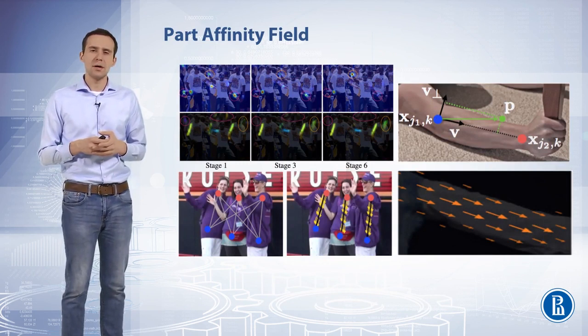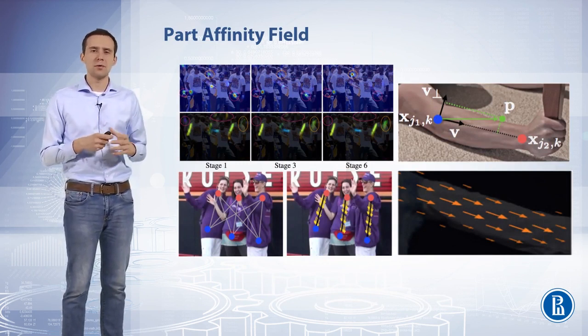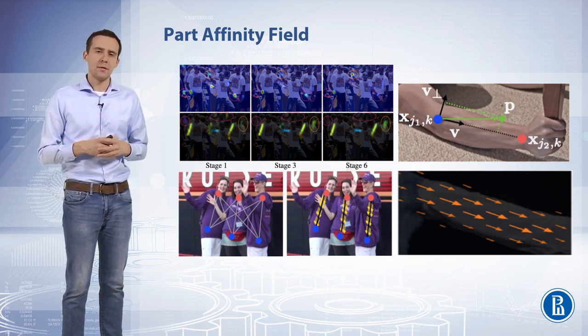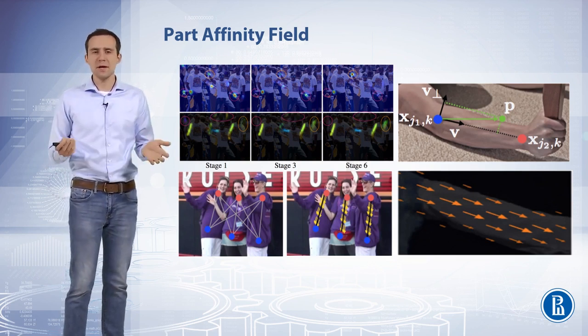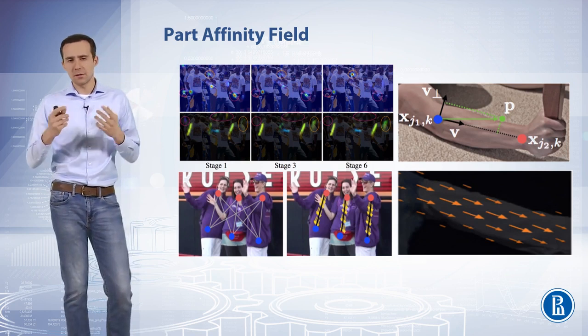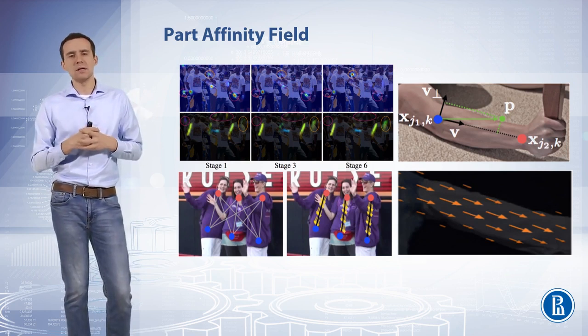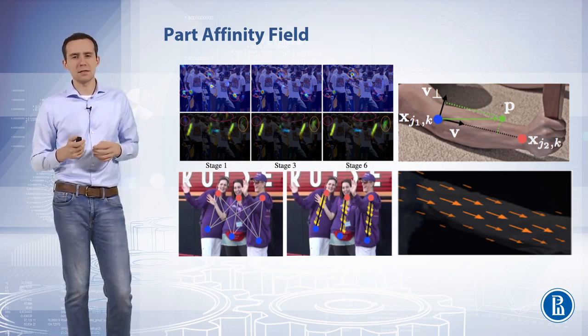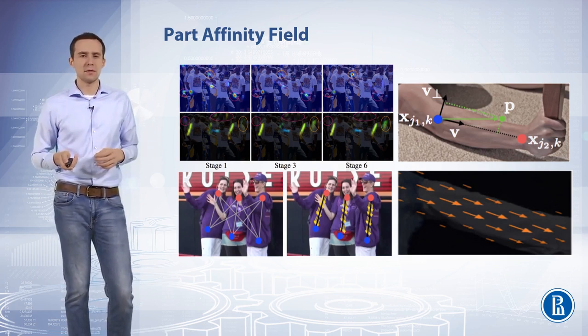Confidence maps of the right wrist in the first row and affinity field in the second row of right forearm across stages. Though there is confusion between left and right body parts and limbs in early stages, the estimates are increasingly refined through global inference in later stages, as shown in the highlighted areas.